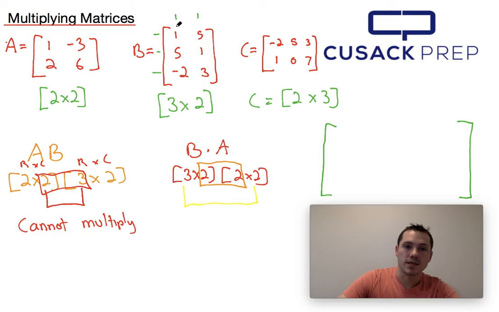So what I'm going to do here is I am multiplying this row, row 1, by this column, column 1. And that's going to give me row 1, column 1 in the output.